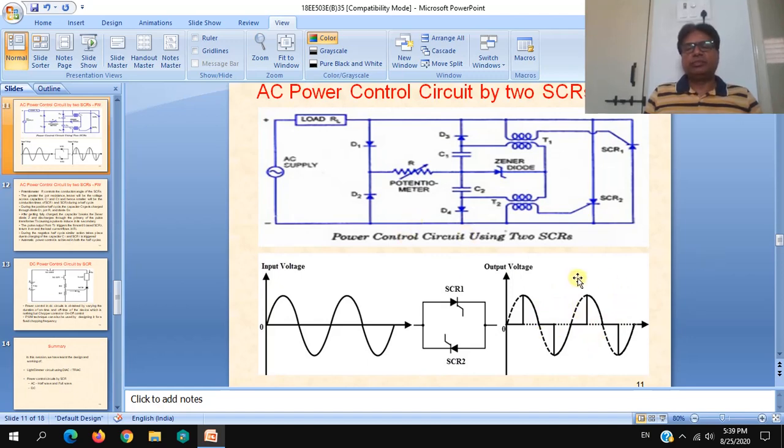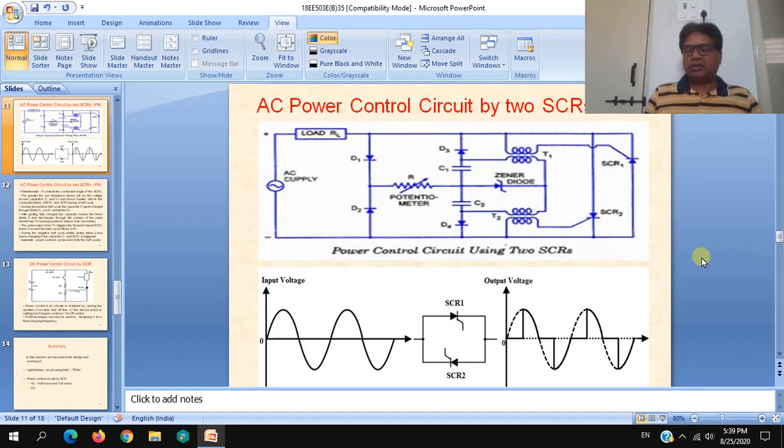This is simply an AC voltage controller or regulator, where the voltage applied across the load is varied by the same phase control technique, by varying the resistance, or resistance triggering. The same thing can also be called firing angle control for power control. So this is a typical application circuit for the phase control technique, or an AC voltage controller.